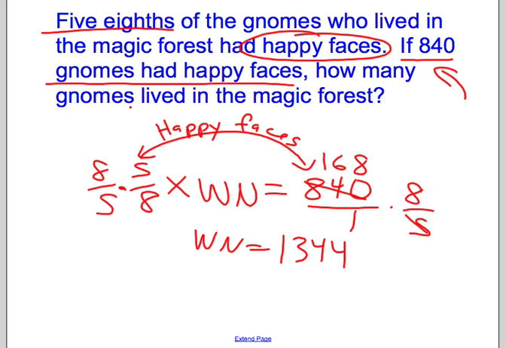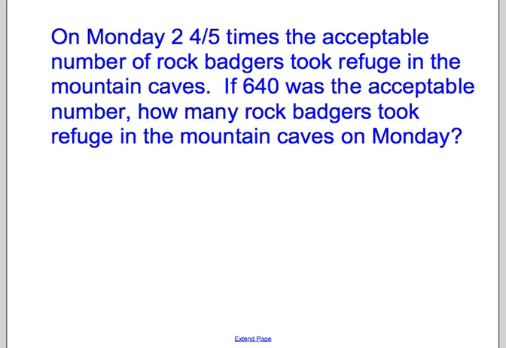Okay, number 2. On Monday, 2 4/5 times the acceptable number of rock badgers took refuge in the mountain caves. All right, so we have this fraction, 2 4/5 of the total number of rock badgers took refuge.